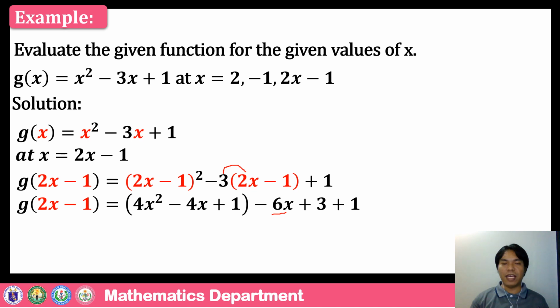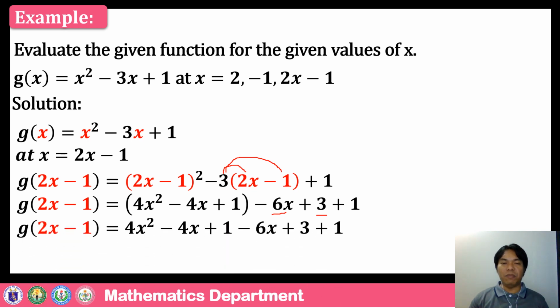Ang kasunod naman ay negative 3 times negative 1 at ang magiging result niyan ay positive 3. And then, kokopyahin natin yung ating last term which is yung plus 1. After niyan, simplify lang natin, tatanggalin natin sa loob ng ating parenthesis yung ating naka-enclose na 4x squared minus 4x plus 1 at ito na ngayon ang kanyang kalalabasan.